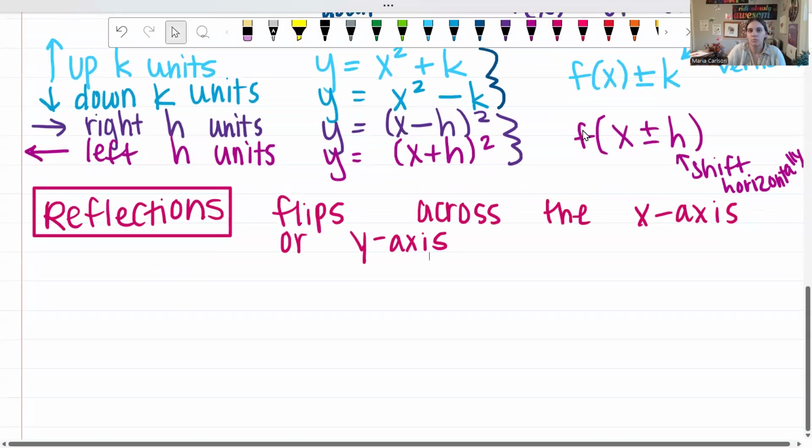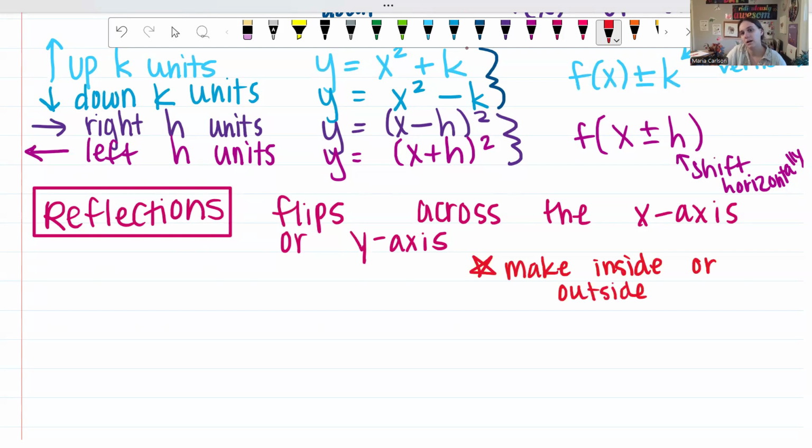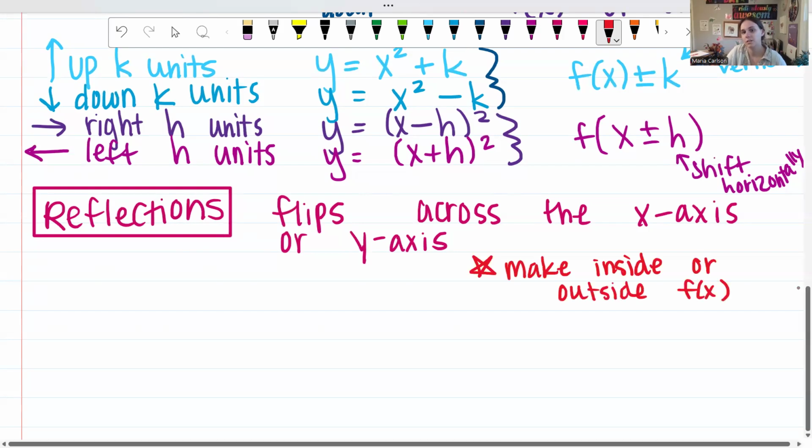So what does this look like? Usually you're going to be making the inside or outside of the function negative.